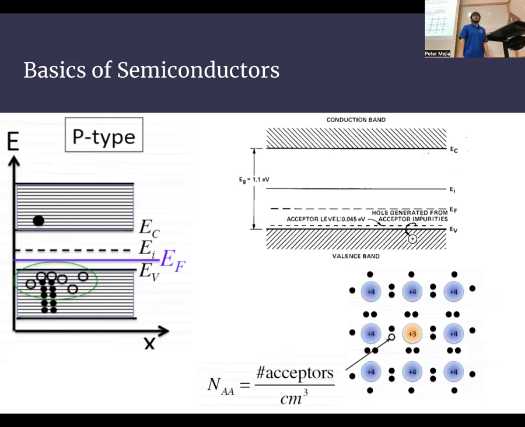For the same carrier concentration in P and N-type, which one would have more conductivity? The same concentration? Like you dope both into the same material.